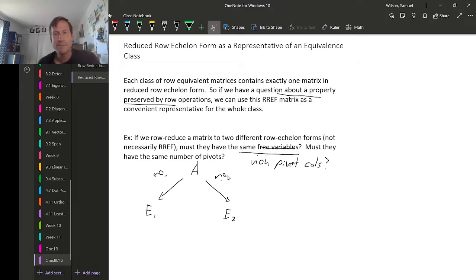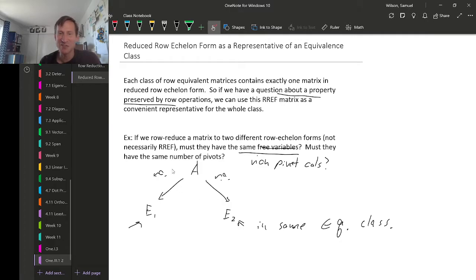Okay, so it's really hard to know how to approach this question, but what we can do is, first of all, observe that these two row echelon forms are in the same equivalence class. They have to be in the same equivalence class because they're both row equivalent to A, right?